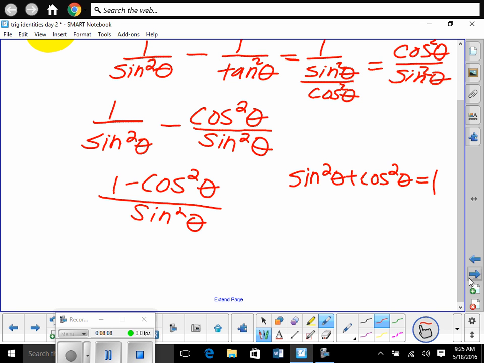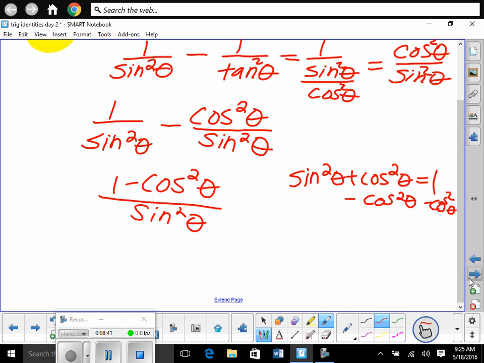So let's get it to look like this. 1 minus cosine squared theta. Sorry. Did I say just cosine theta? Anyways, it's cosine squared. So do you see how we could get it to be 1 minus cosine squared? Right? Isn't that what you do to get this to be 1 minus cosine squared theta? So we subtract cosine squared theta from both sides.